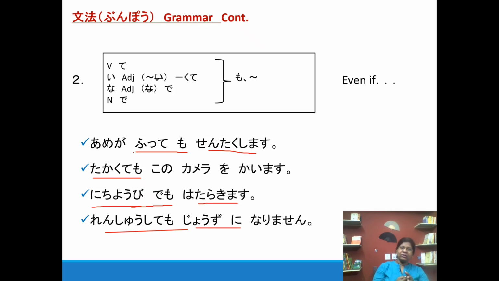In ra, the condition is if. In mo, the condition is even if. Understood? Pause the video and write 2 or 3 sentences using this grammar form. Renshu.